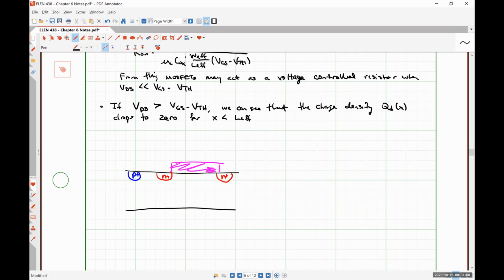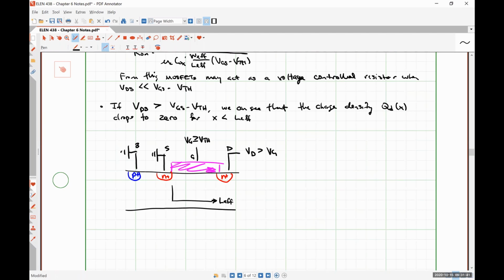So we have VG greater than or equal to VTH. Over here, we have VD greater than VG. Over here, grounded. Over here, grounded: body, source, gate, drain. And so what's going to happen in our channel, remember this is L effective.